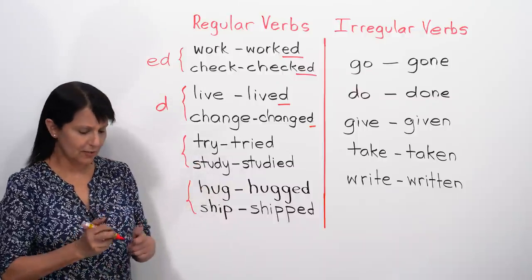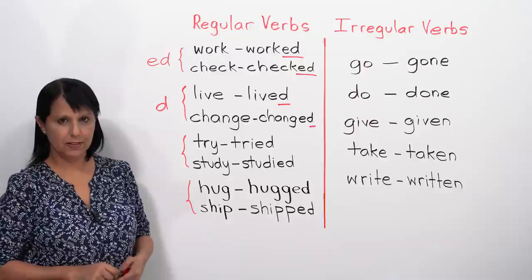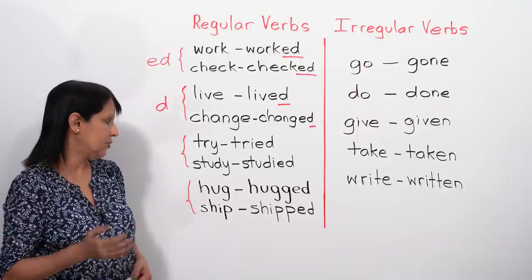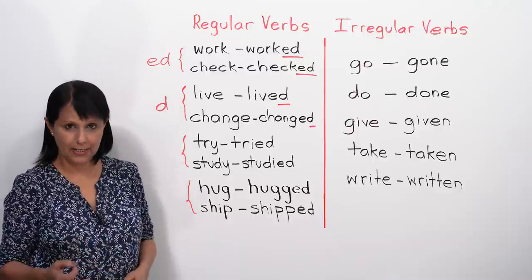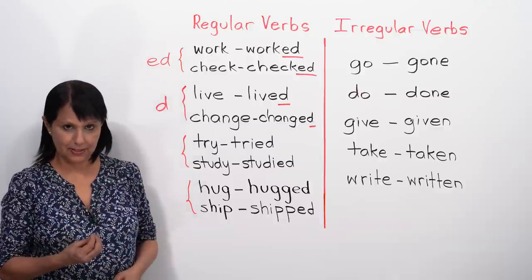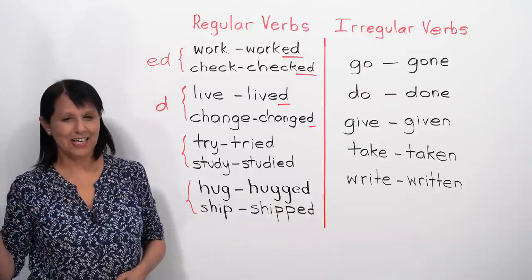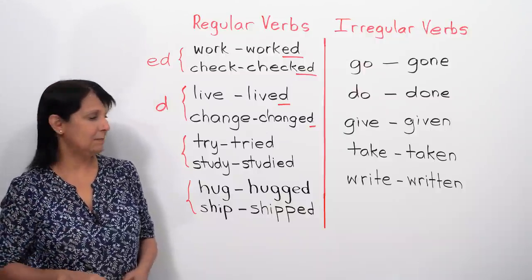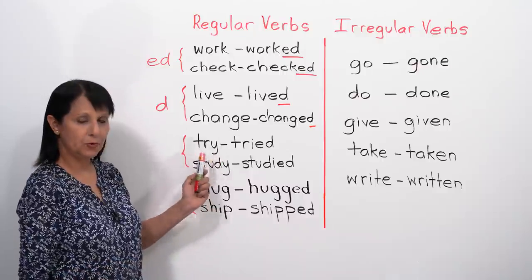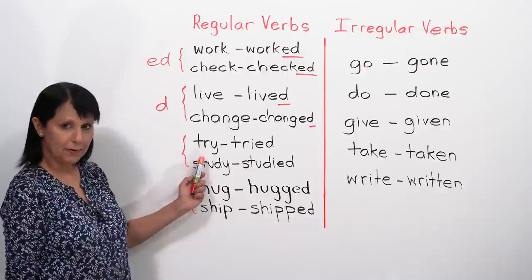Next, let's look at another pattern of words. If you have a verb that ends with a y, and before the y you have a consonant, which means any letter which is not a vowel. A vowel is A, E, I, O, U. But if you have a y and before the y you have a consonant, like here, try, right?